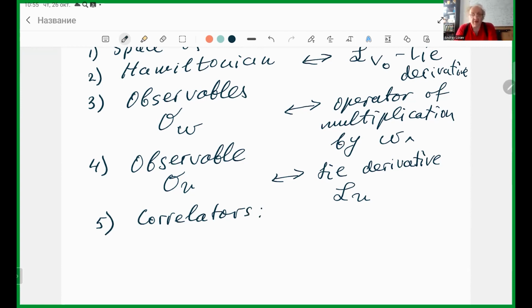So it is a tricky thing. We have the initial state, psi 0. Then we have evolution with the Lie derivative, LV naught. Then we have the observable.